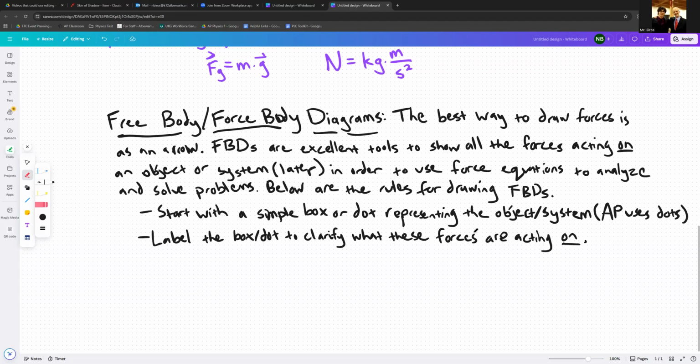So we're going back to that. We want to draw the forces acting on an object or system. So another way to say that is what forces are experienced by the object or system that we are looking at. So if it's a box, again, we want to see what pushes and pulls are acting on the box, are experienced by the box, not what pushes and pulls the box is putting onto something else. So that's an important piece.